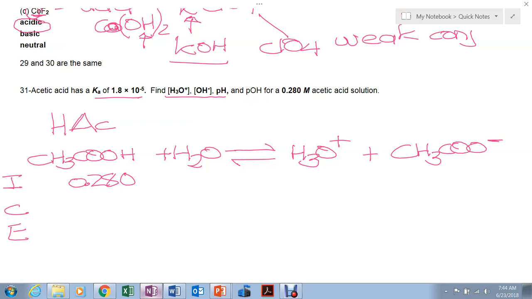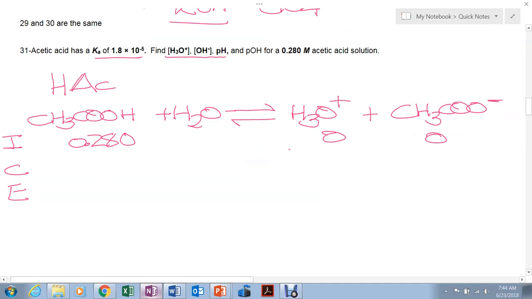Maybe we don't have to do it. Let me check it out anyway. Let's do it without dropping the x, so I'm talking about the quadratic equation versus dropping the x. So the change would be minus x, plus x, plus x. And this would be 0.280 minus x, x, and x.